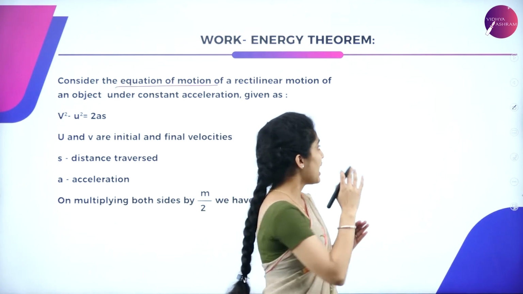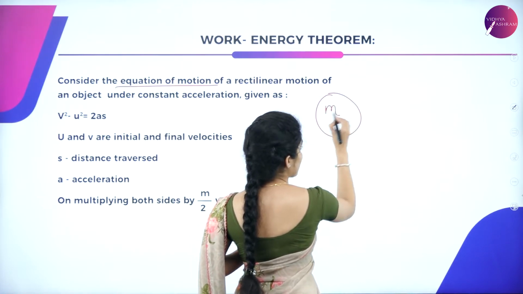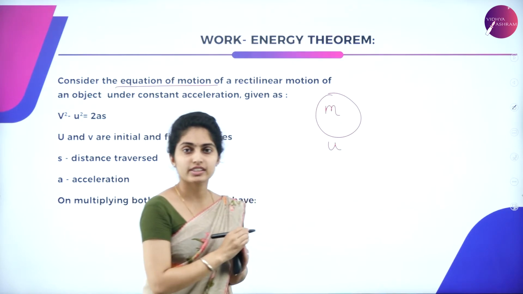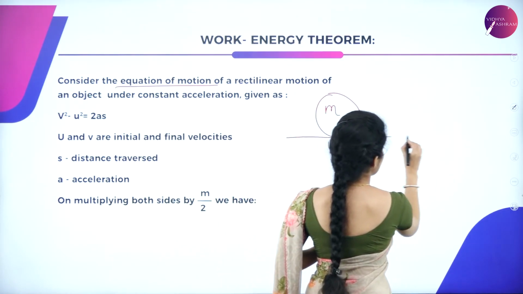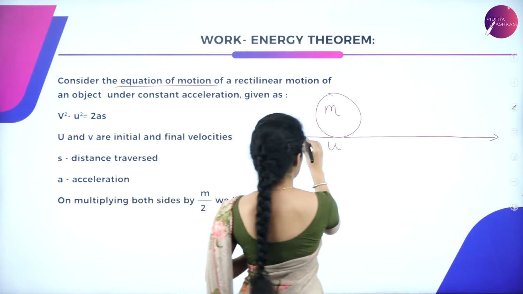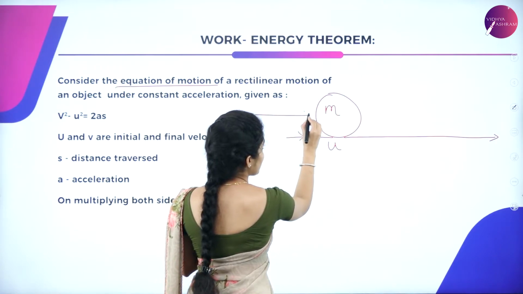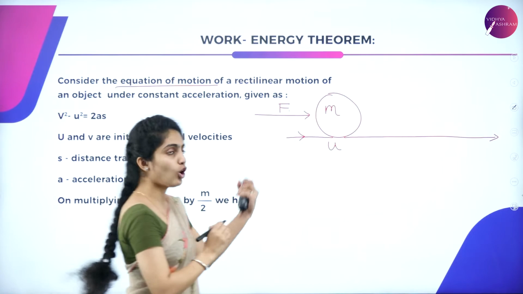Suppose an object which is at rest has mass m and an initial velocity, that is a state of rest. So this is the rectilinear motion, a straight motion. An object is said to be in motion when a force is applied on it.